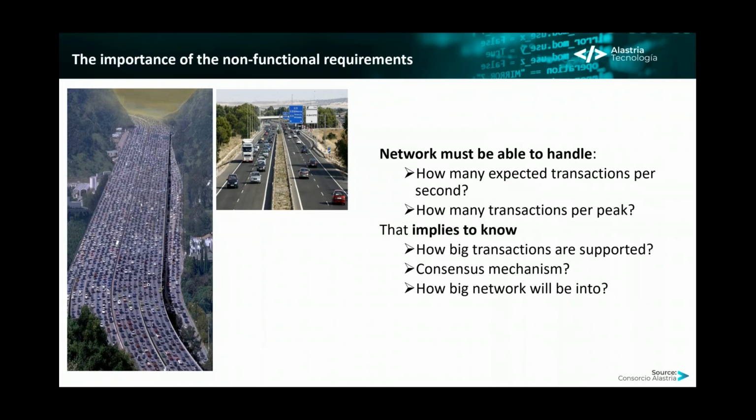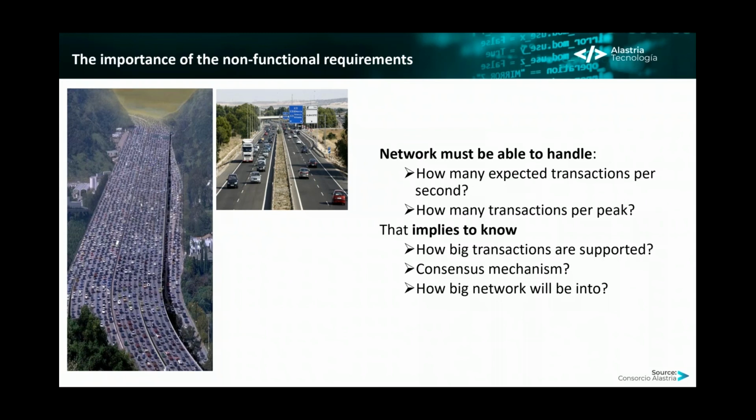Then you need to start thinking about how many transactions per second you expect in your system, how many transactions per peak you will be able to handle, and consider the cost to design for it or not, because you can imagine that this highway in Los Angeles is very, very expensive to build compared with the ones that we have on some of our roads in Europe.